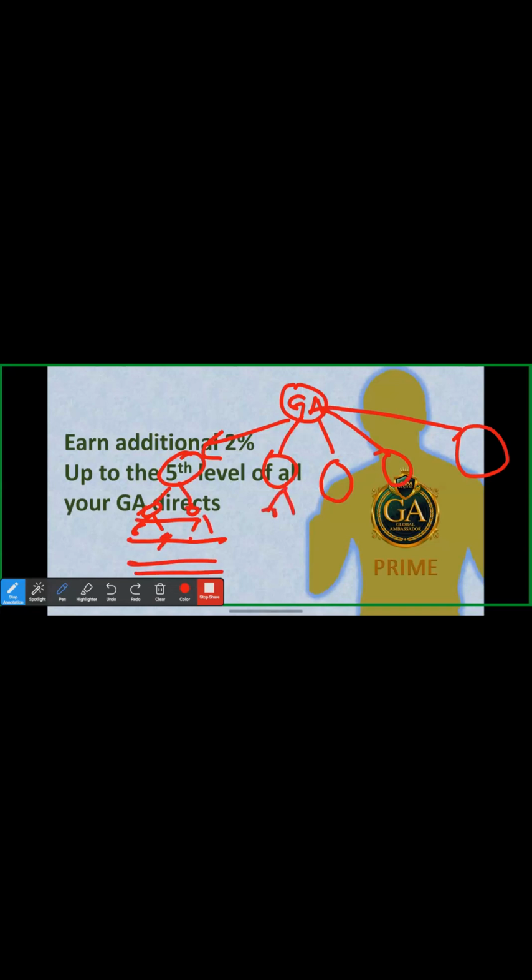Then 1 2 3 4 5 for each of the others. So you're going to earn an additional 2% up to the 5th level of all your GA directs.